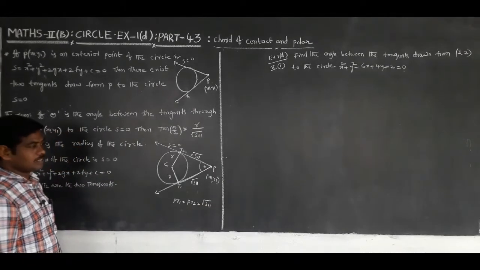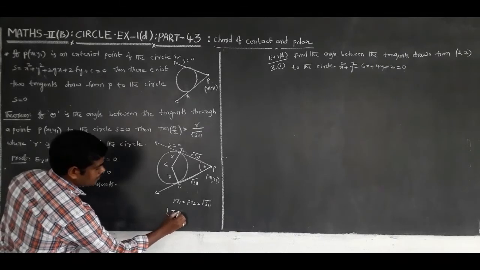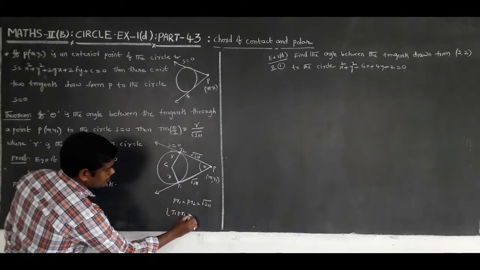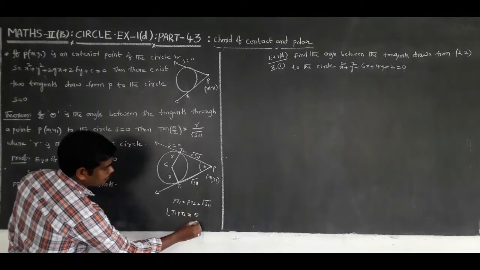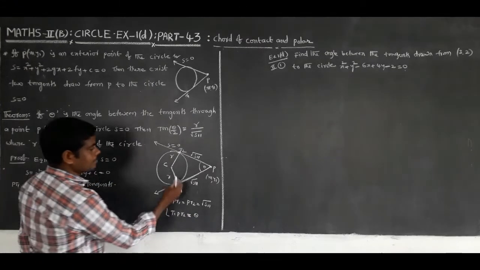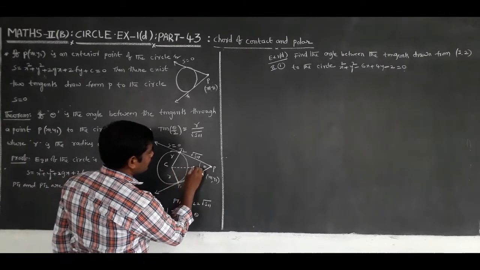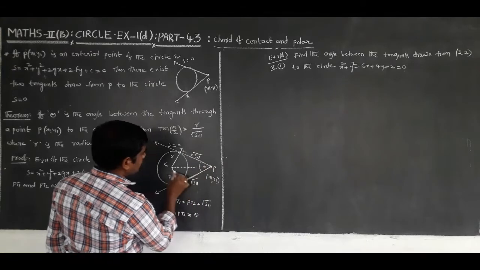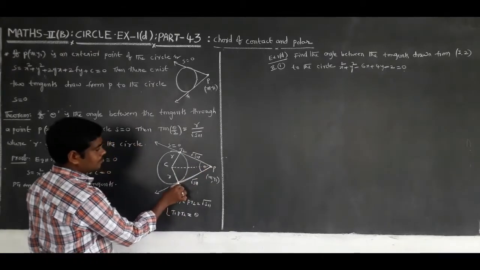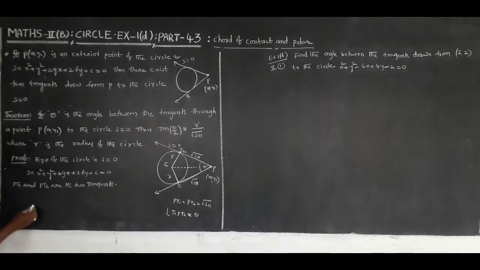Here the angle T1PT2 is equal to theta. CP bisects it, so the angle CPT1 is equal to the angle CPT2, which is equal to theta by 2.